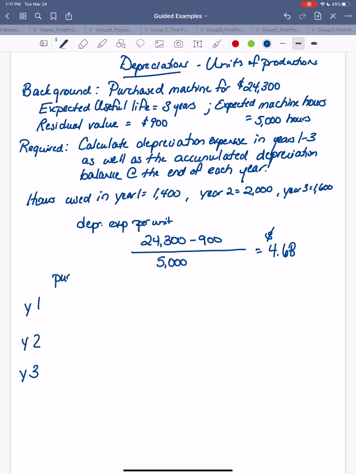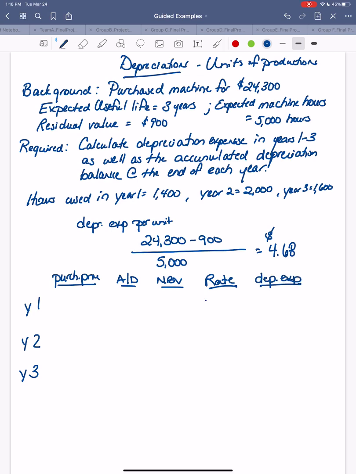Okay, so in year 1, year 2, year 3, let's do the same thing again. We'll do purchase price, accumulated depreciation, net book value, and actually I'll do rate in here just to make it a little more obvious, right? Rate and depreciation expense.